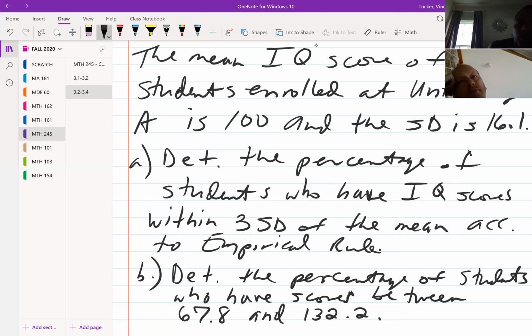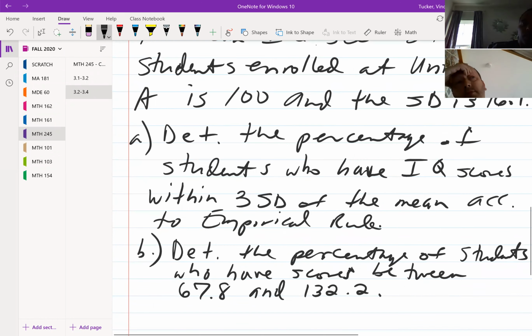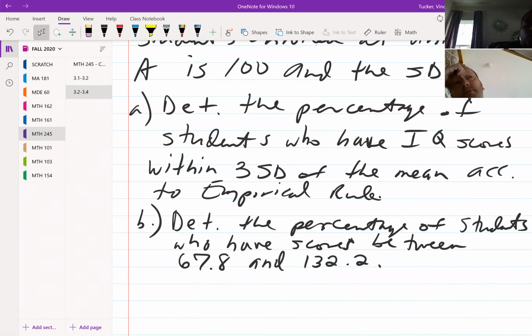All right, so the mean IQ score of students enrolled at University A is 100, and the standard deviation is 16.1. First question, determine the percentage of students who have IQ scores within 3 standard deviations of the mean according to the empirical rule. B is determine the percentage of students who have scores between 67.8 and 132.2.